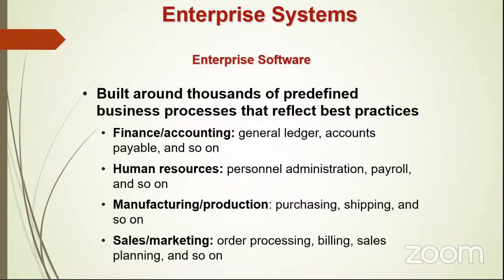It may have a services section or a number of other units, but essentially, these are the key areas of a typical firm that either manufactures or resells goods. So you have a lot of business processes for each of these business functions, and the enterprise software is built to automate all of it. Next slide.